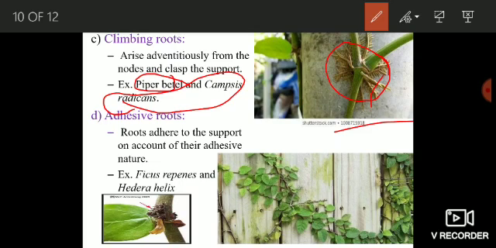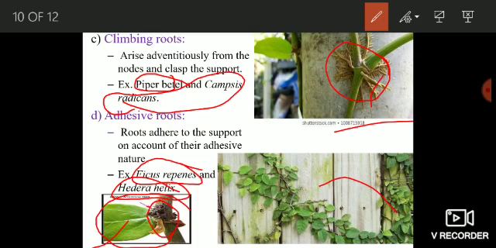Here you can see Ficus repens and Hedera helix. In this image, Ficus repens has an adhesive disc-like structure, and this adhesive disc helps Hedera helix to get attached to the support on which it grows.